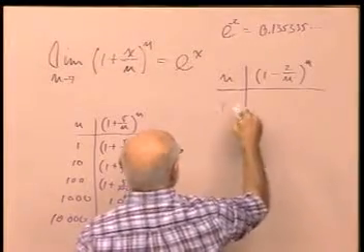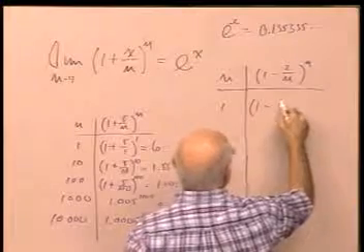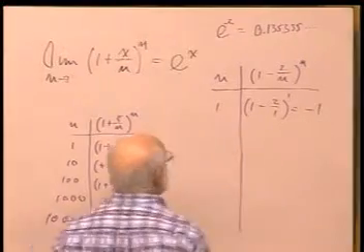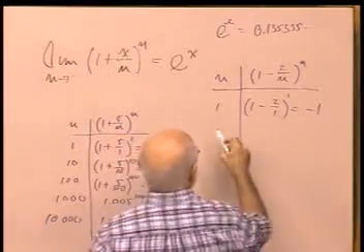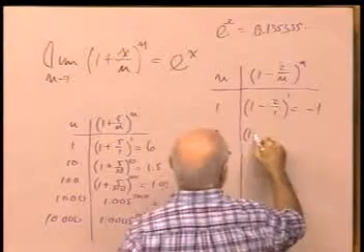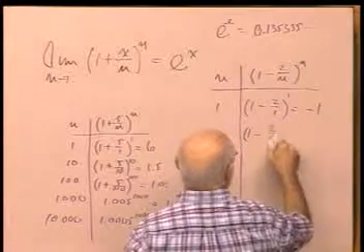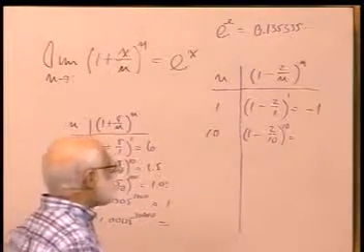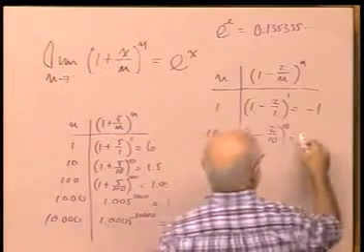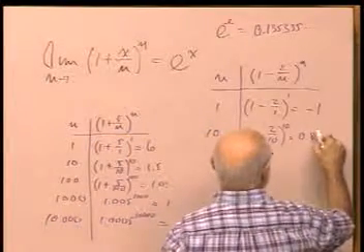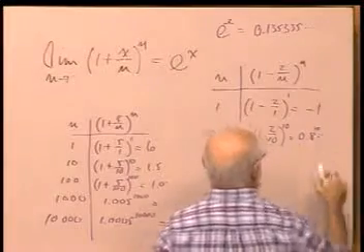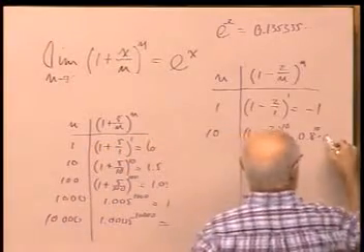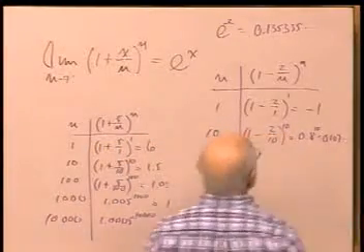So when n is equal to 1, this would be 1 minus 2 over 1 to the 1, which is minus 1 to the 1, which is minus 1. Not too close. When n is equal to 10, we have 1 minus 2 over 10 to the 10. That's 1 minus 0.2 is 0.8, right? 0.8 to the 10, which is 0.107, okay?